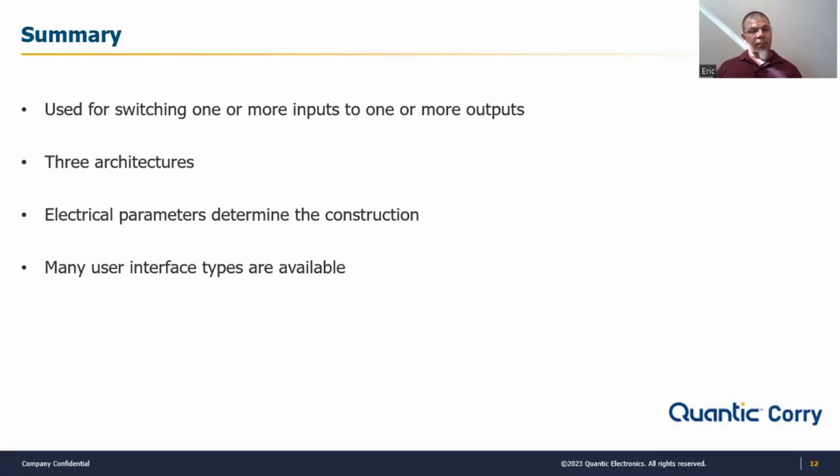And then we have the three different architectures, the non-blocking, blocking, and super non-blocking. I mentioned those in different order than they were presented in the slides, but those are the three types.